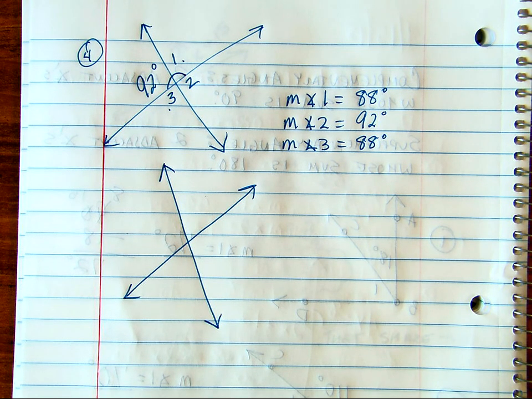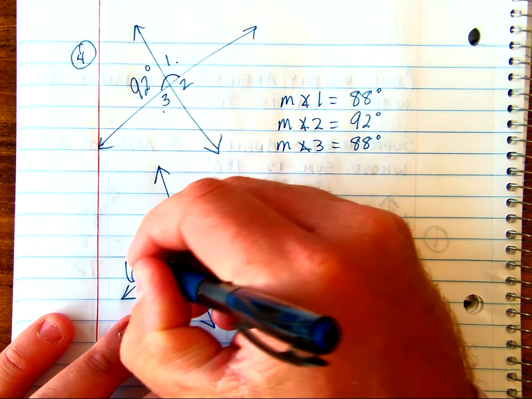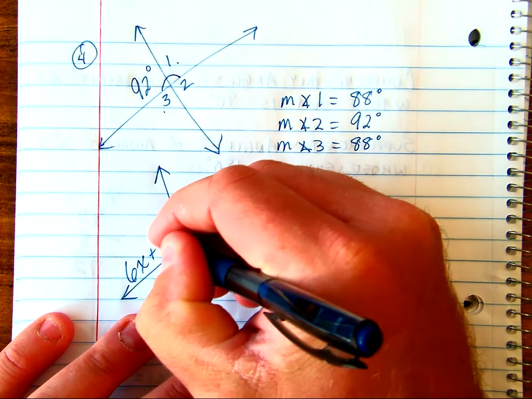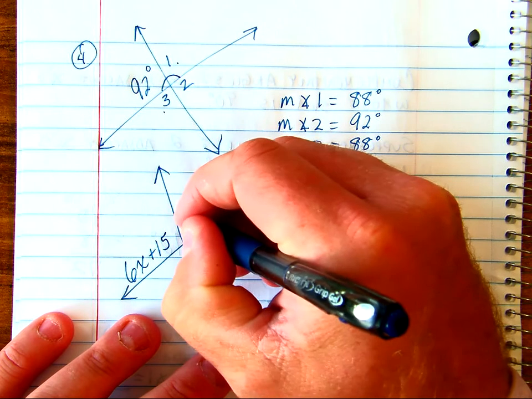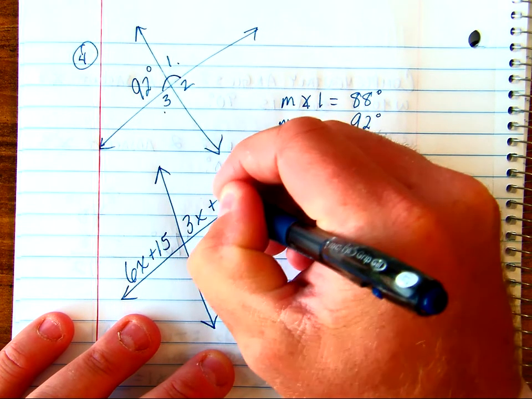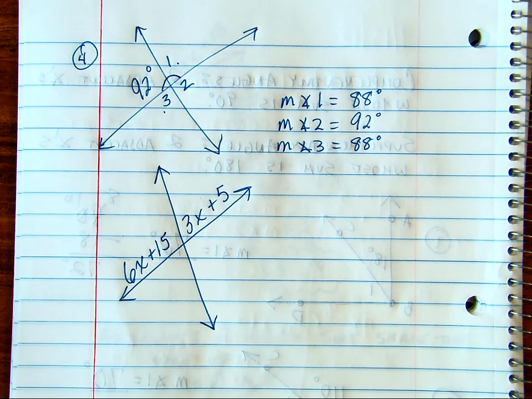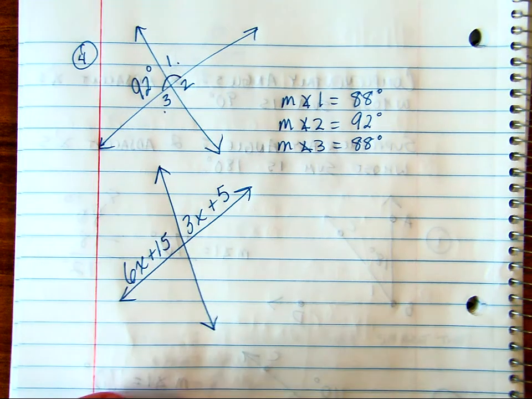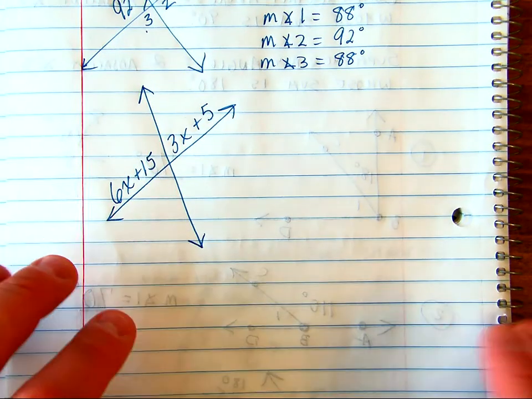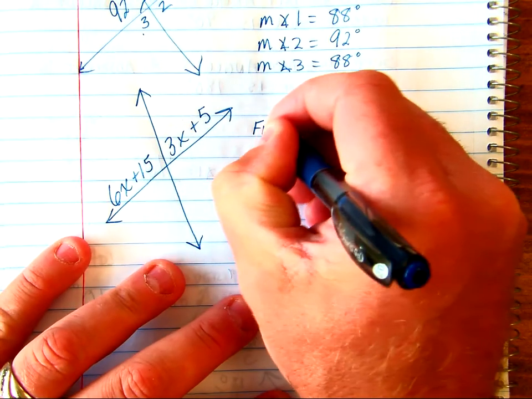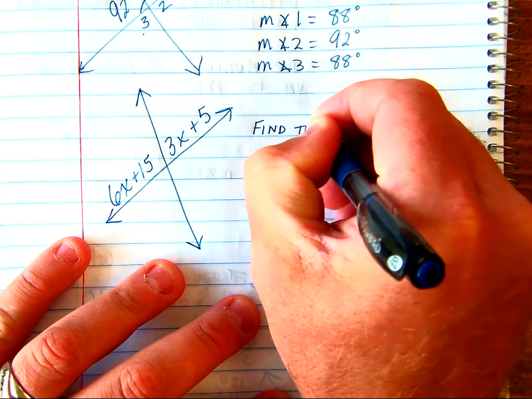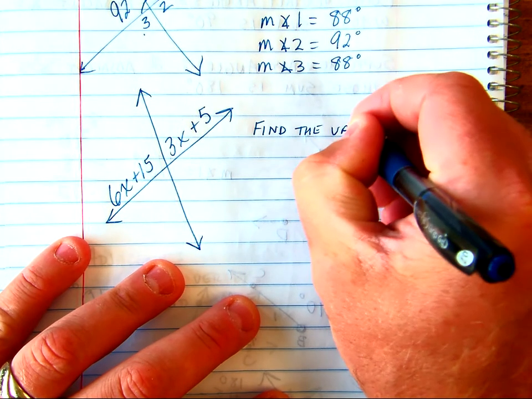So let's go: 6x plus 15 and 3x plus 5. And the directions are going to say, find the value of x.